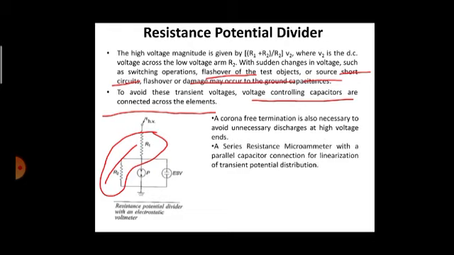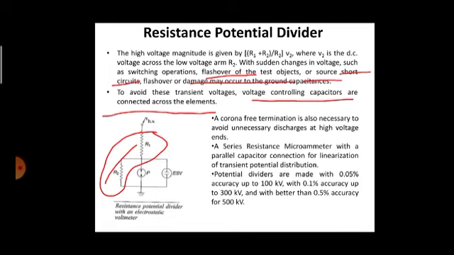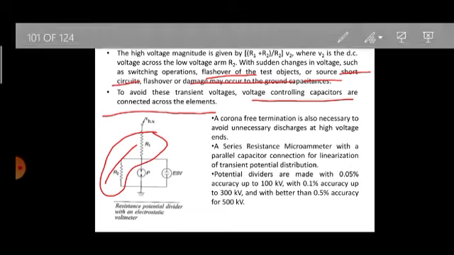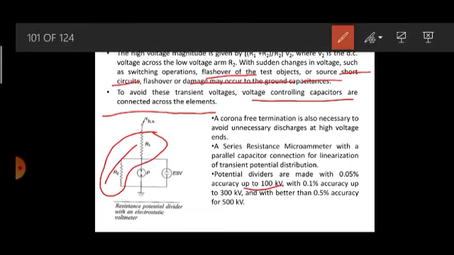So a series resistance with a parallel capacitor connection for linearization of transient potential distribution is provided. These types of potential dividers are made with an accuracy of 0.05% for voltages up to 100 kilovolt, 0.1% for up to 300 kilovolt, and 0.5% accuracy for 500 kilovolts.